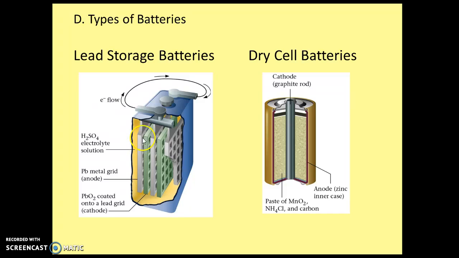We have a lead grid, which acts as our anode, and then we have a cathode made of lead oxide. And again, once these electrons have a place to flow, then that electricity flows through, the reaction happens. And again, these are rechargeable, so when you run your car, you actually reverse the reaction. But your batteries can go dead if you leave your lights on, something like that. But they are reversible. That's the nice part about car batteries.